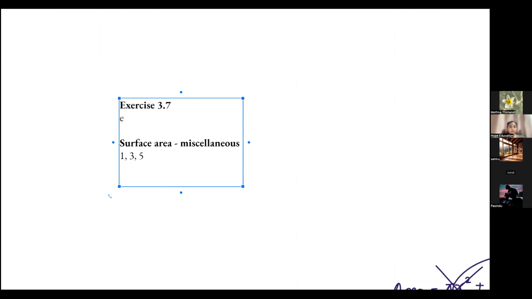Then from the volume lesson, exercise 5.1. Shall we do 5 and 6? Then exercise 5.2. Let's do 8 and 9.